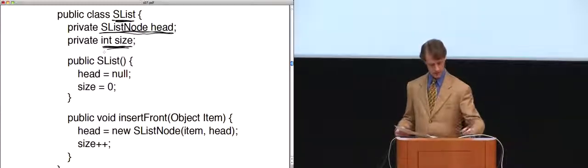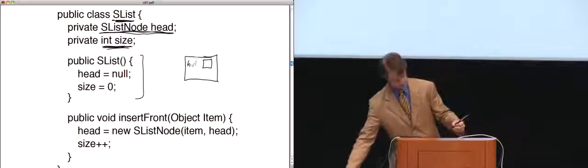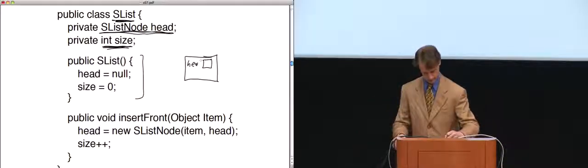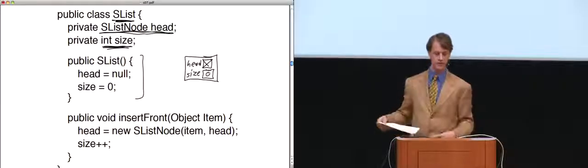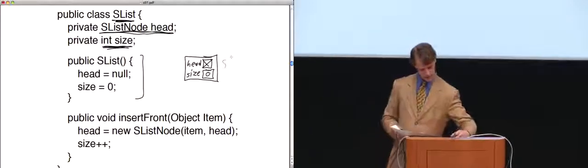The SList constructor for an empty SList just gives you an object whose head is null and size is 0. So that's what the constructor gives you: one SList object.